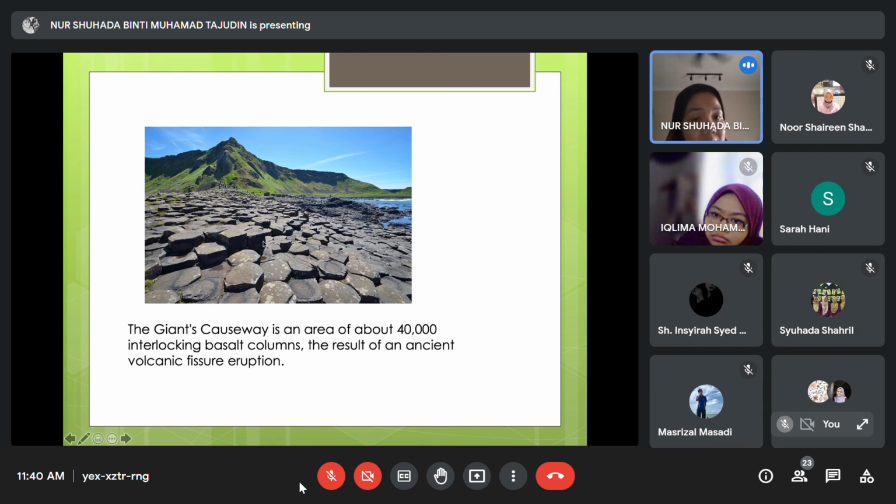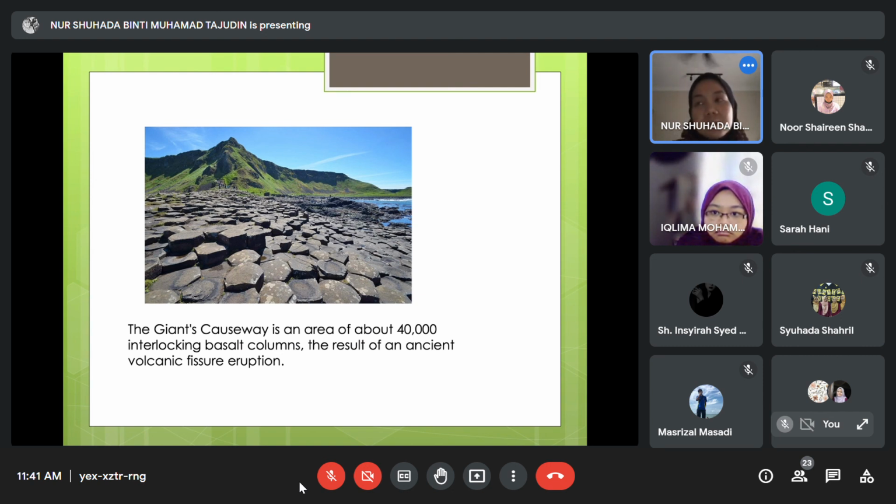Dan ni sepatutnya apa ni panggil, magma kan. Okay, so this is extrusive rock kan, extrusive igneous rock. Dia dah undergo a cooling process, tapi bila dia cooling process tu, dia jadi macam block. Okay, so might be because of water erosion juga, temperature changes.